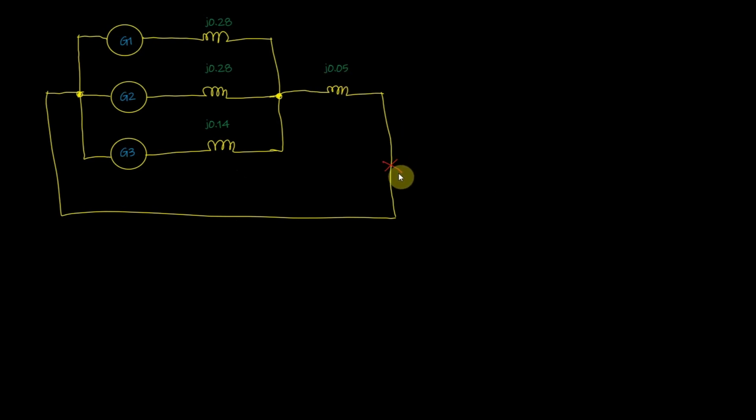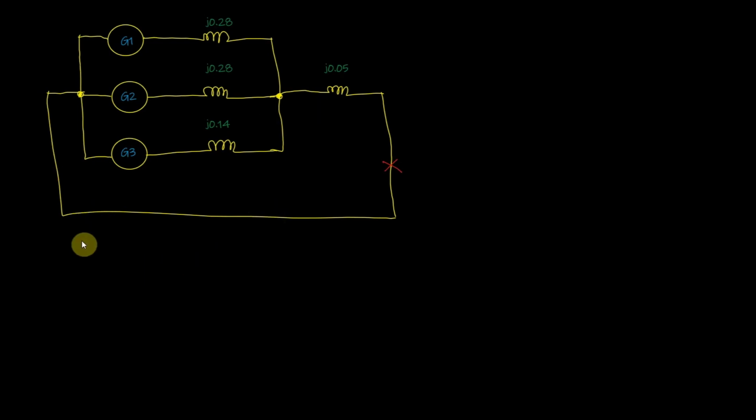So, ang ating sub-transient current, short circuit current sa point of fault is equal to yung ating source voltage divided by yung total reactance. So yung total reactance dito is yung equivalent reactance sa combination nitong tatlong parallel and then series dito sa 0.05. Okay? So calculate muna natin yung ating equivalent reactance.